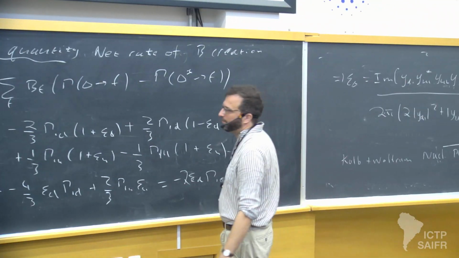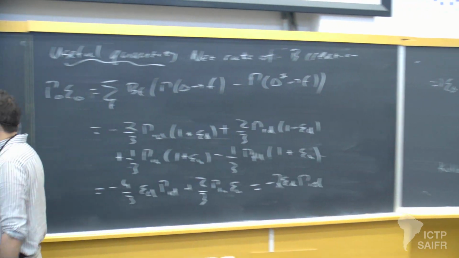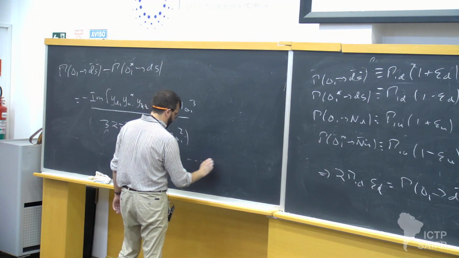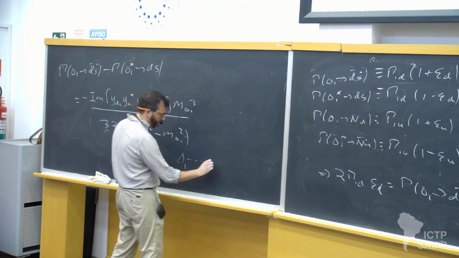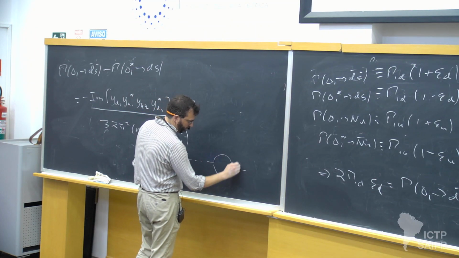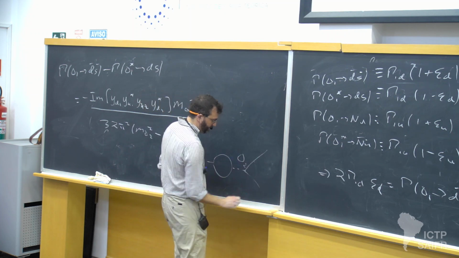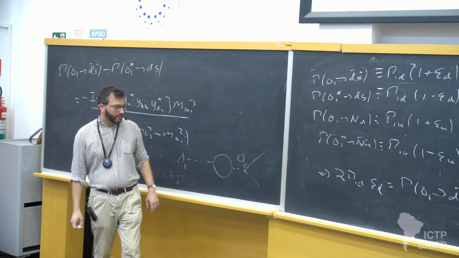So when the masses get very close together, we had this diagram: delta 1, loop, delta 2, and then decays.